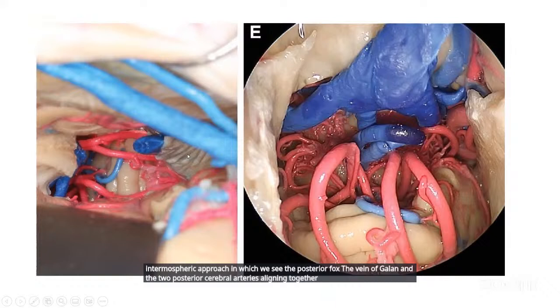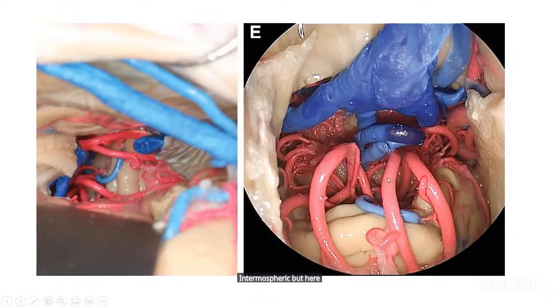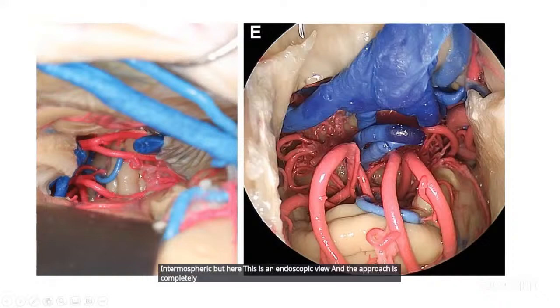And on the right, this is an endoscopic view, and the approach is completely different. Here is the interhemispheric, and here is the supracerebellar infratentorial approach with an endoscopic view, and we see the vein of Galen and the basal veins, including the posterior cerebral arteries again aligning together.